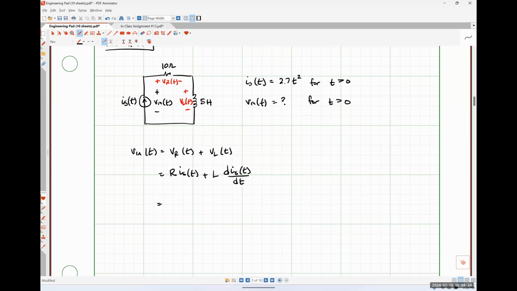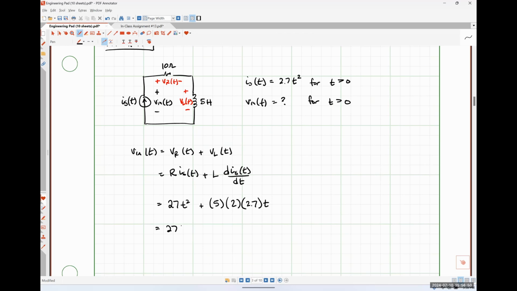So if we plug in the parameters from your particular version of the problem, 2.7 times 10 is going to be 27 t squared. And then we're going to have 5 times, we just need the first derivative. So 2 times 2.7 t, so that's another 10 times that.